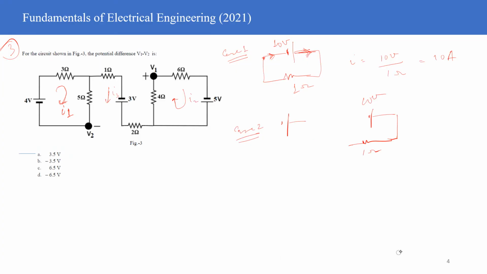The reason is that current, once it exits from the positive terminal, must find a way to the negative terminal. If that is not the case, it is an open circuit. So whoever responded that it's an open circuit, no current will flow, is correct.